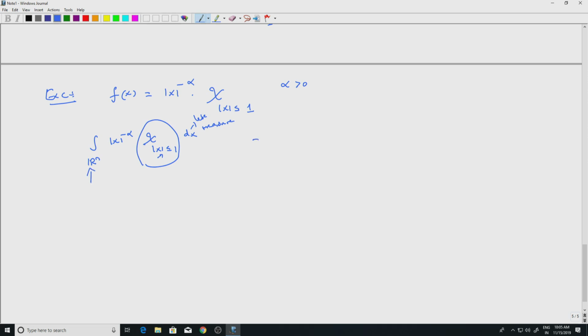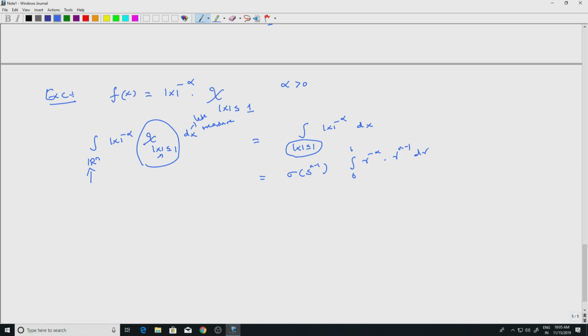So this is simply the integral over mod x less than or equal to 1 of mod x to the minus alpha dx. Apply polar coordinates, because I have a function of mod x, again there is no dependence on omega. So I will get sigma of S^(n-1) outside as earlier. Now I am on mod x less than or equal to 1. If it is on R^n, I go from 0 to infinity, but because of this I will go only from 0 to 1, r to the minus alpha times r to the n minus 1 dr.